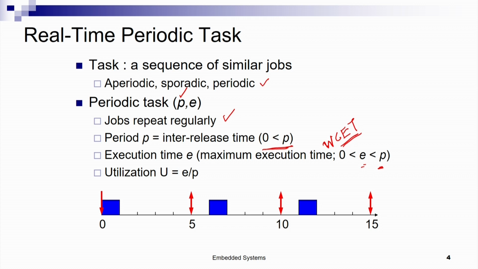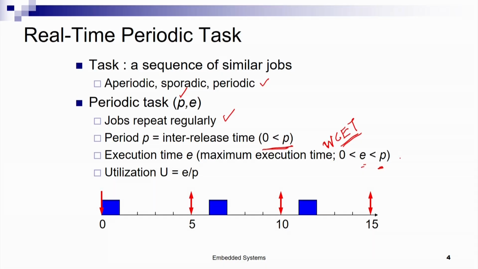If the execution time of a task on a certain processor is exactly equal to P, that means the whole capacity of this processor must be dedicated to the execution of this task, because the execution time is equal to P and jobs repeat every P. So, the entire capacity of the processor has to be devoted to this task.